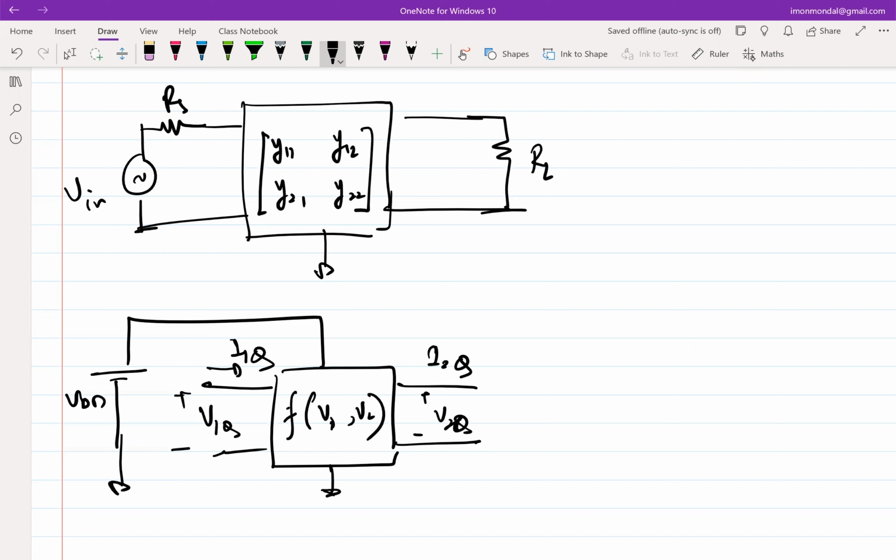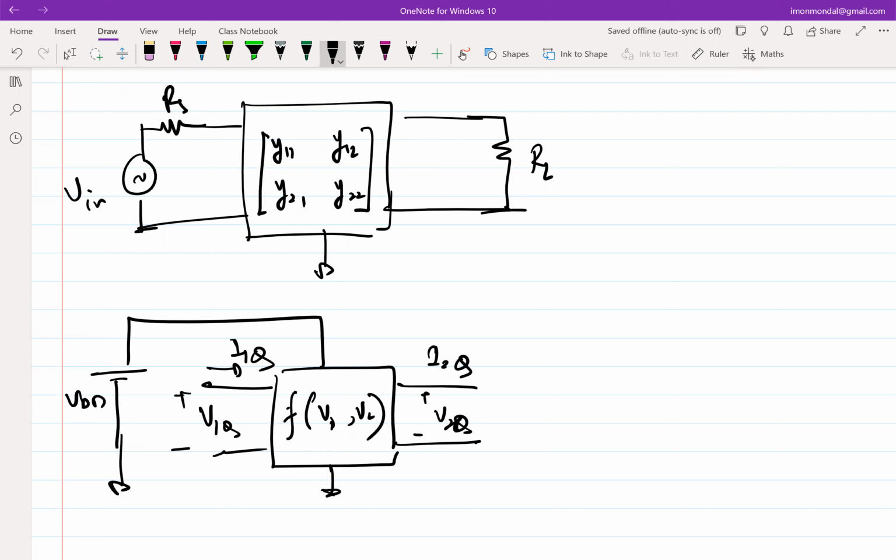What I'm trying to get at here is that this battery need not come from a separate port altogether. This DC supply can also be connected to any other port. It can come along with V in. It can be attached to V2. But the moot point is that you need another DC supply to set up these quiescent points.